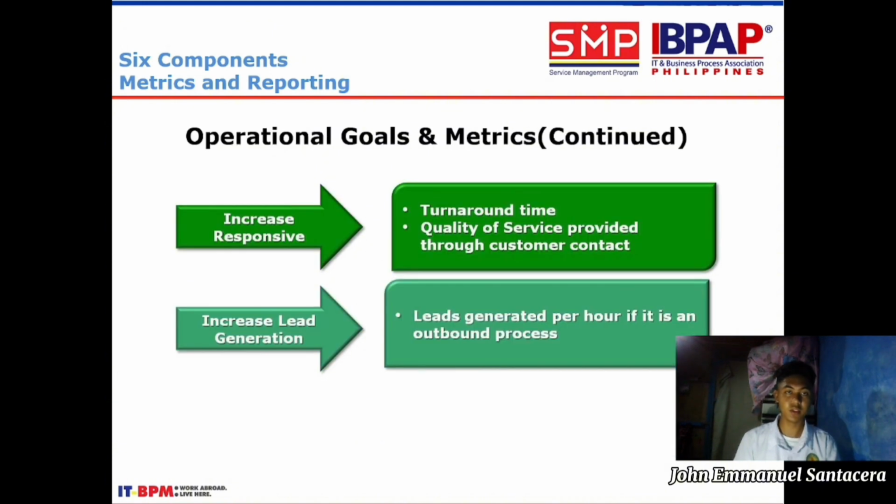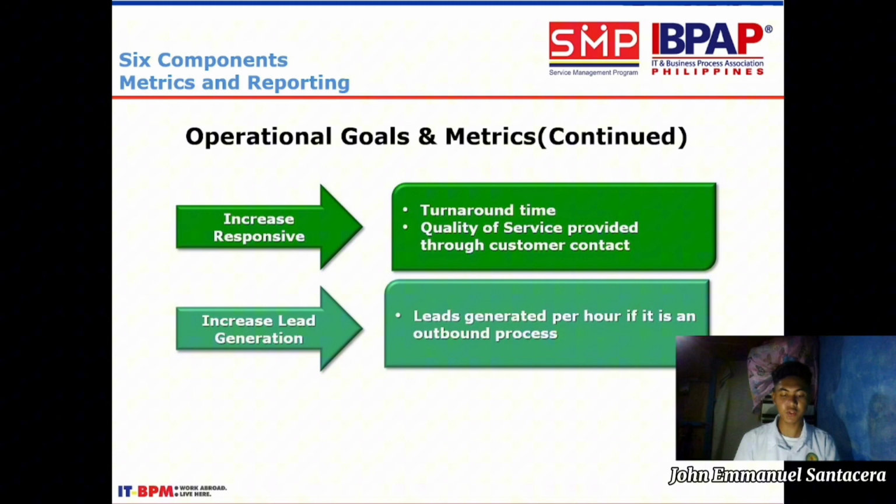Next, operational goals and metrics. Increase responsiveness. Here is the list: turnaround time and quality of service provided through customer contact.